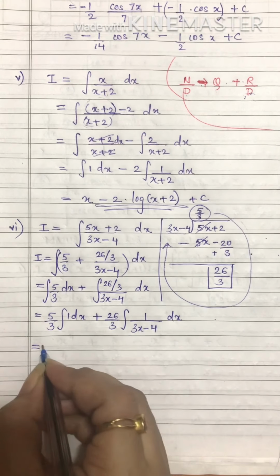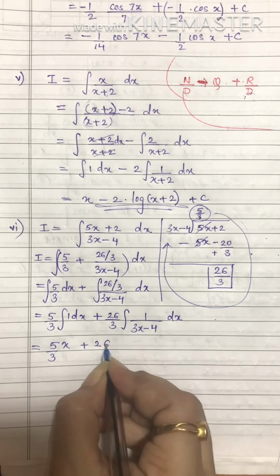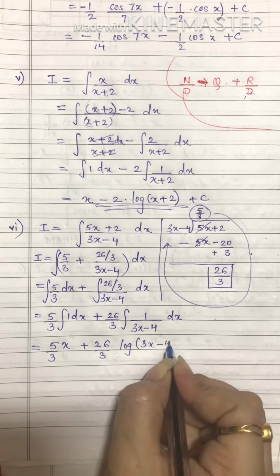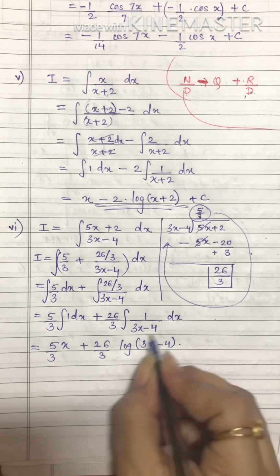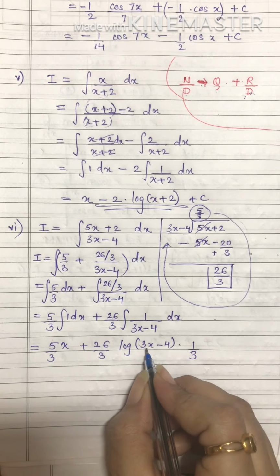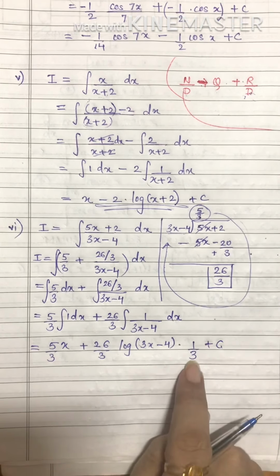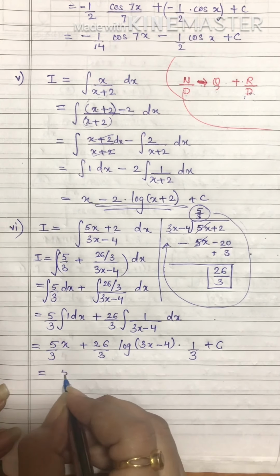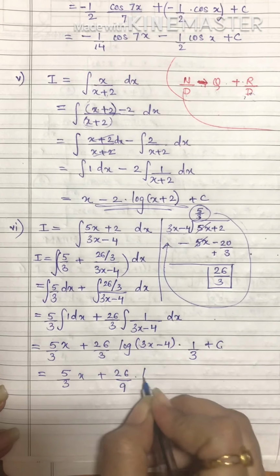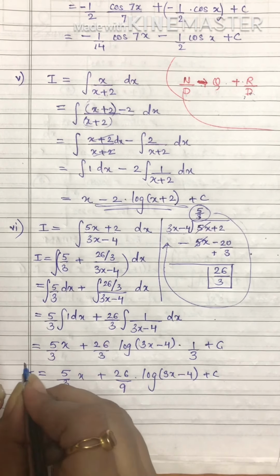So we get 5/3 x plus 26/3 log(3x - 4) into, now you have to divide with the coefficient of x, not multiply, plus c. So we will multiply this, and our final answer would be 5/3 x plus 26/9 log(3x - 4) plus c. Okay, so this is our final answer.